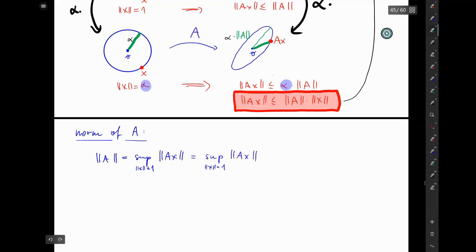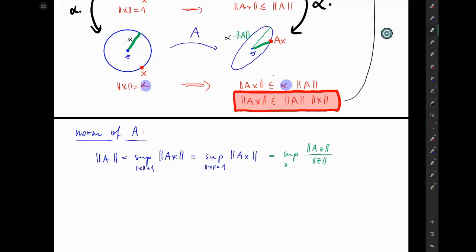Another way to write the same quantity is to take the supremum of the fraction norm of A z divided by the norm of z. And now let z run over all vectors, not just the ones with norm 1, not just the ones with norm less than or equal to 1, but all vectors.